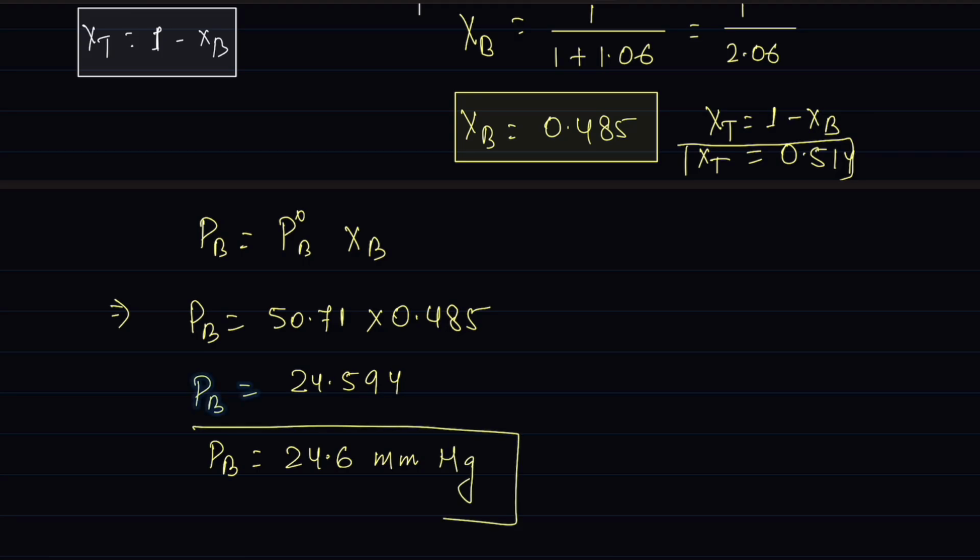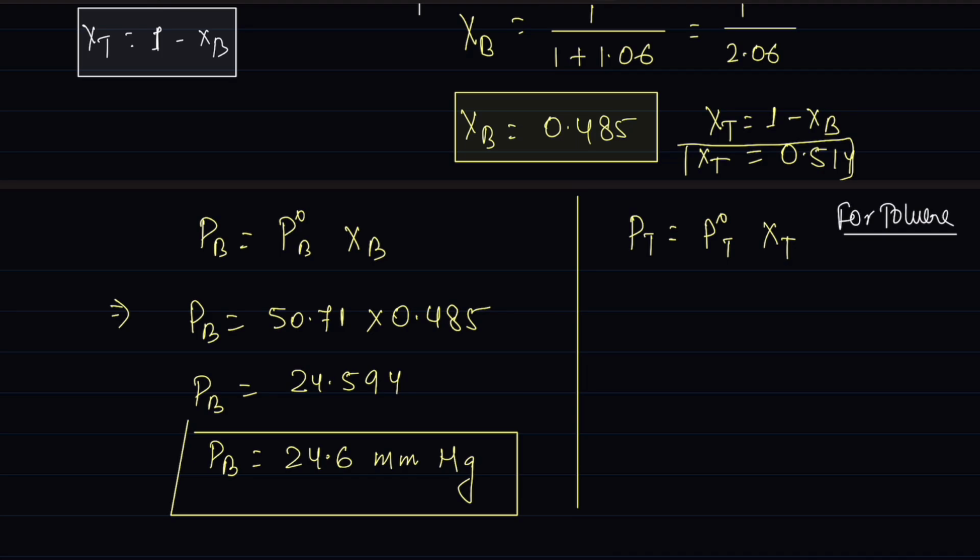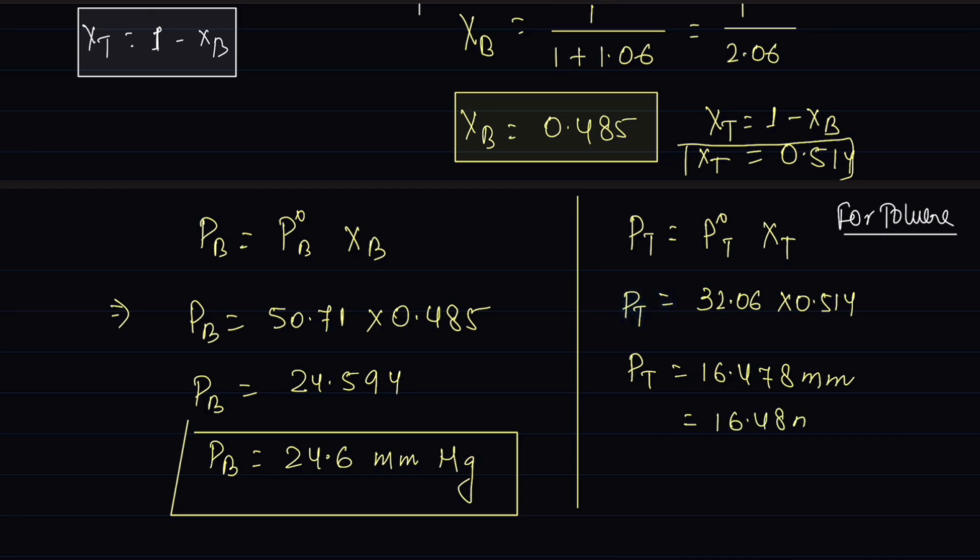Similarly, PT is equal to P naught T into XT, which is 32.06 into 0.514. So P toluene is equal to 16.478 mm, rounded off to 16.48 mm.